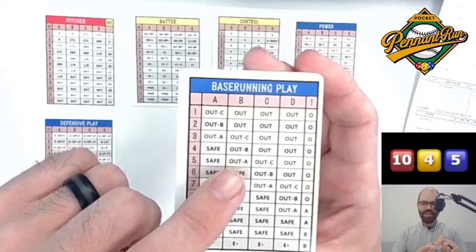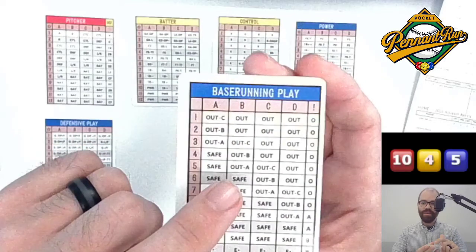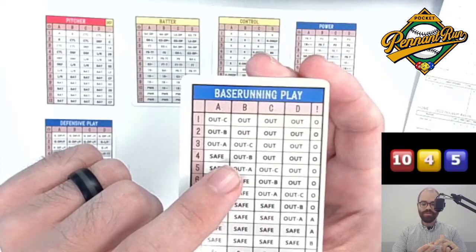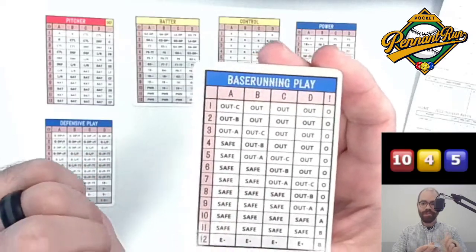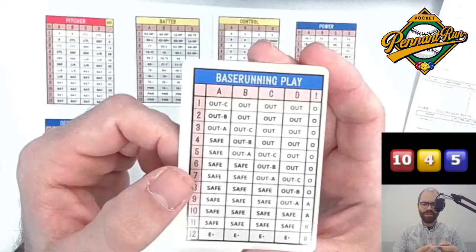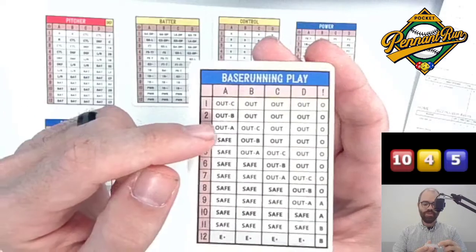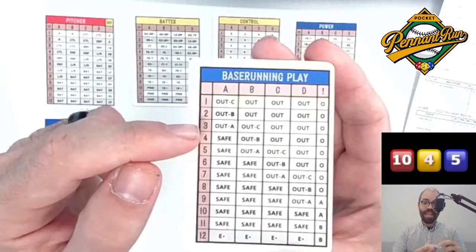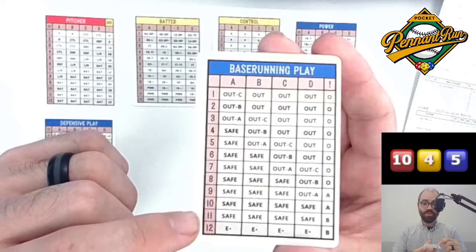It tells you that everything at that letter and below is going to be out, depending on whatever the catcher's defense rating is. Okay? Say, for example, we had a runner that was A speed, and we had an A-rated catcher. Well, if we look at the out A, that means that an A-rated runner would be safe from 4 through 12.